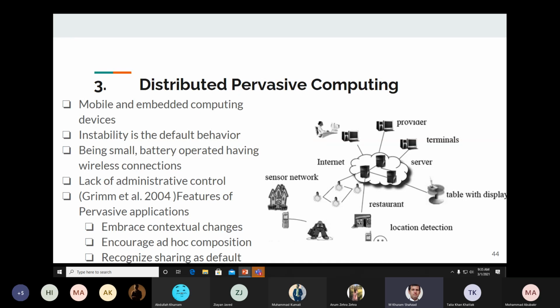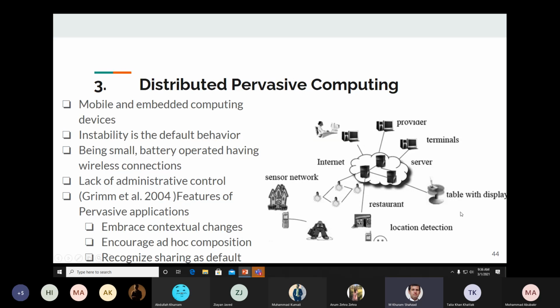So if you have a cell phone, a refrigerator, or a washing machine that can be coded or automated, if it has a chip, then you can connect it with the distributed pervasive computing system.